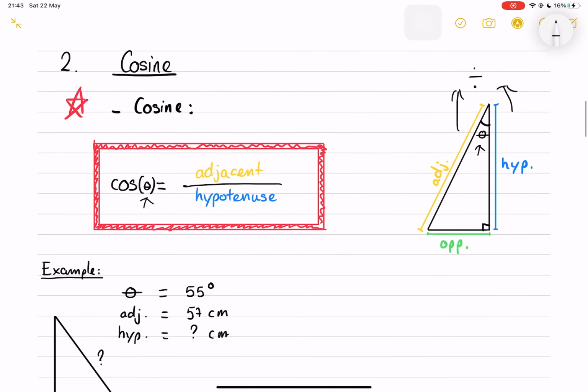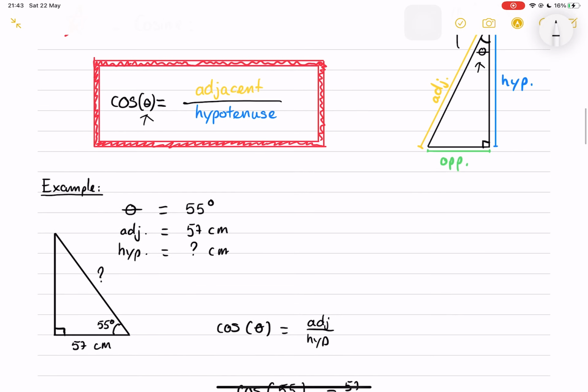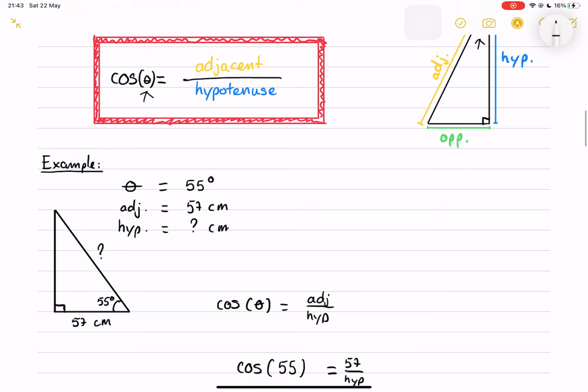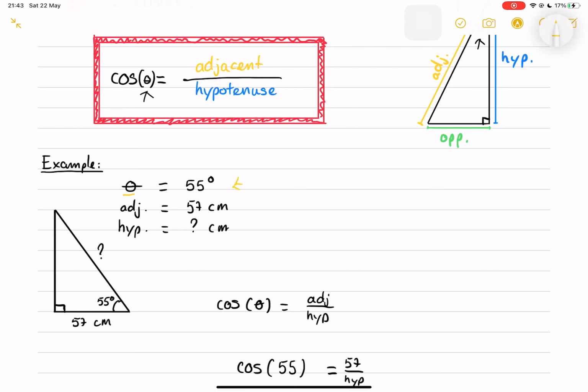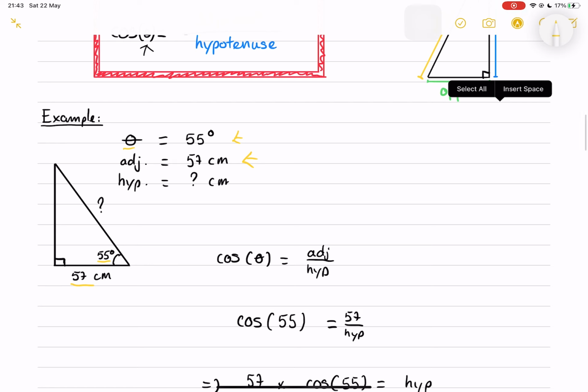Let me use an example to make the formula easier to understand. We have the angle here, 55 degrees, and the adjacent is 57, and we have an unknown variable, the hypotenuse.